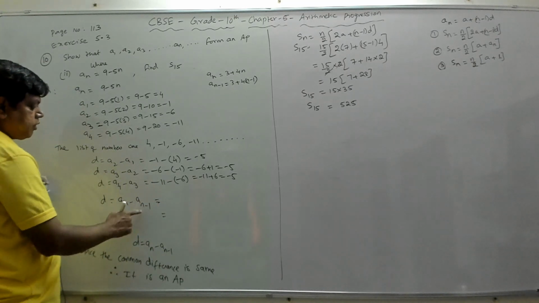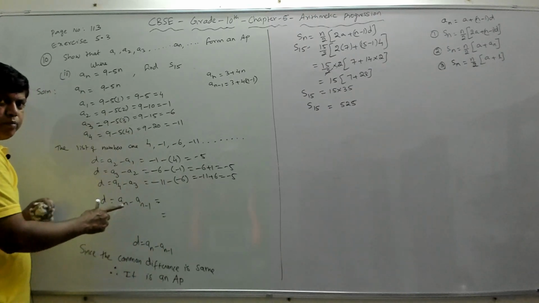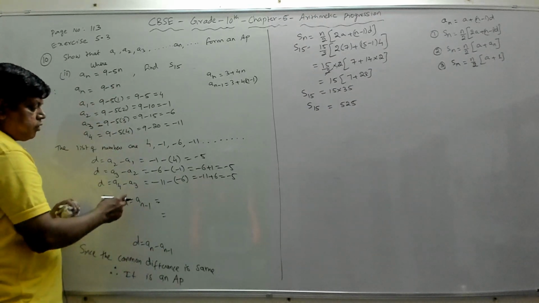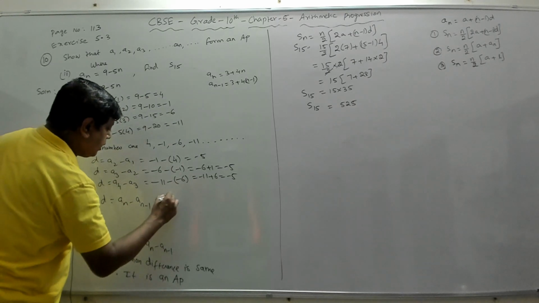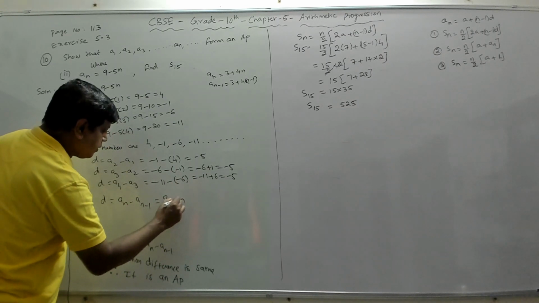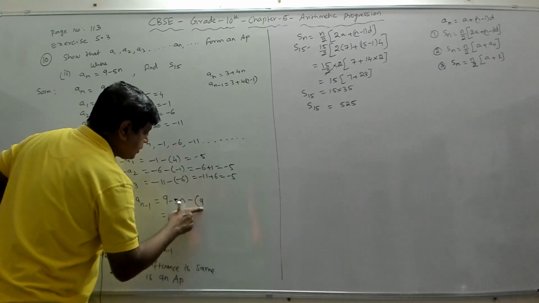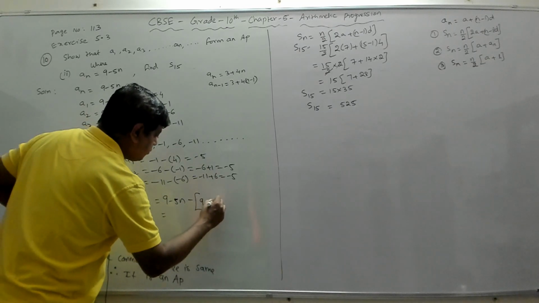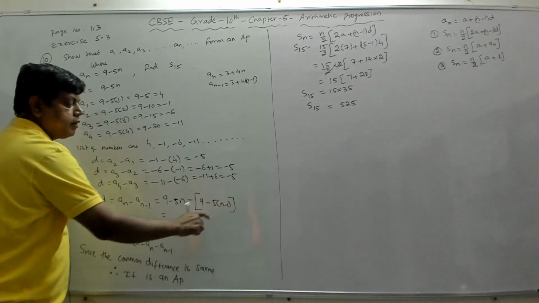We'll check for the general term also, an minus an minus 1. Since we know an, we can check for the general term. So your an minus an minus 1. An is 9 minus 5n, that is your an, minus, then bracket, 9 minus 5 into n minus 1. In the place of n, you have to put n minus 1 and you should put the bracket.